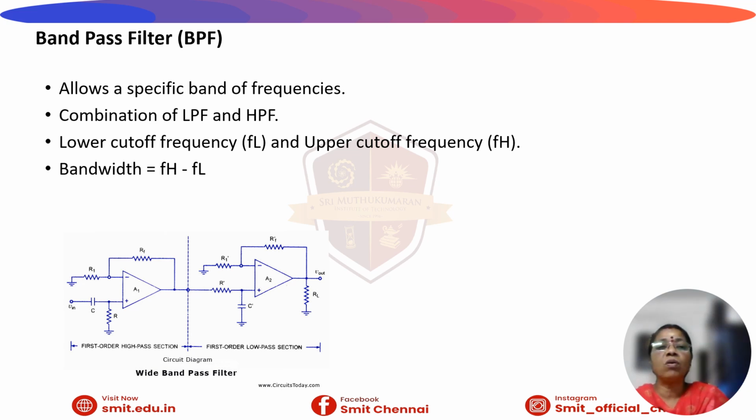Initially, a high pass filter blocks the low frequency signals; its cutoff frequency FL defines the lower boundary of the passband. Then a low pass filter blocks the high frequency signals; its cutoff frequency FH defines the upper boundary. For the filter to work, the low pass cutoff frequency must be higher than the high pass cutoff frequency.